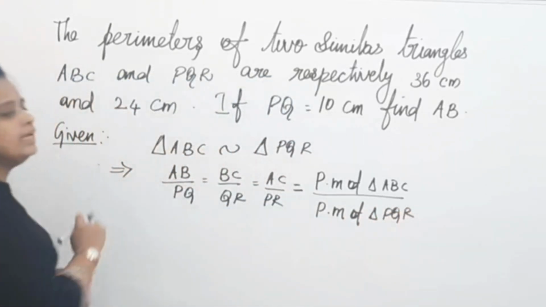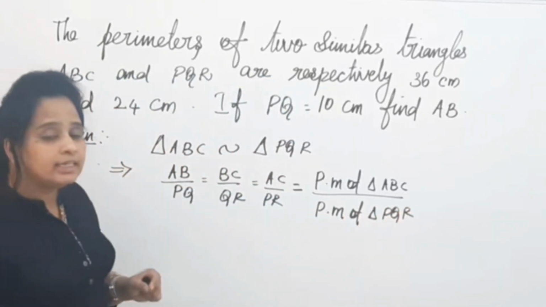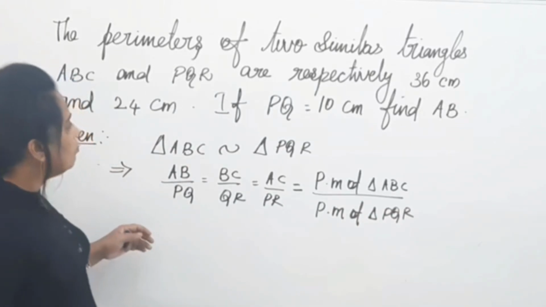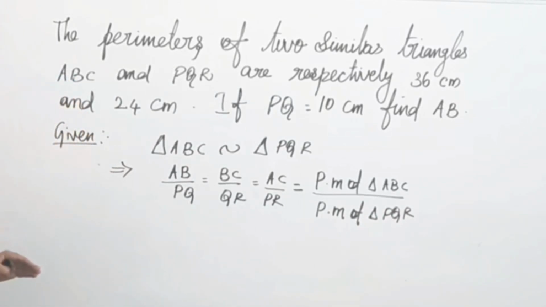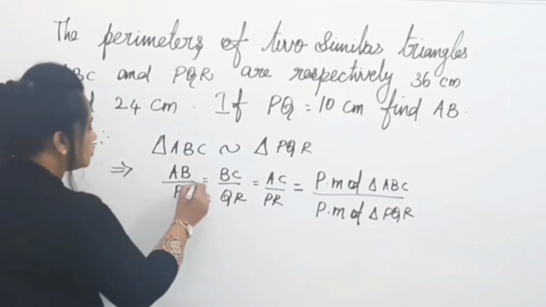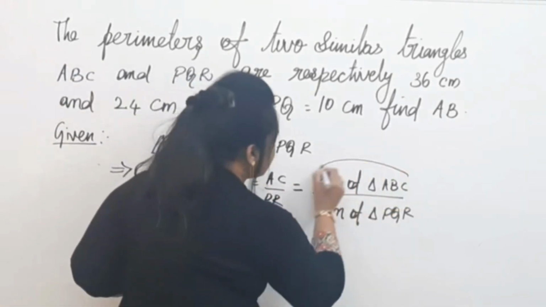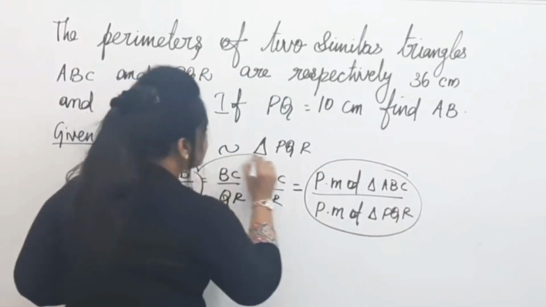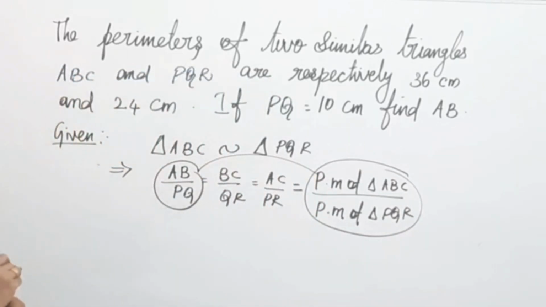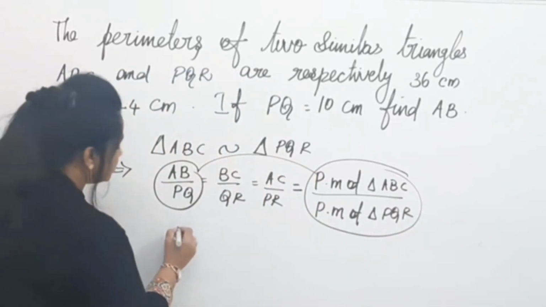So all these would be proportions in similar triangles. Now I am going to substitute my values. PQ is given, so my PQ is here, and perimeters are given. My perimeters ratio is here, so I would take these two ratios. I will go and substitute.